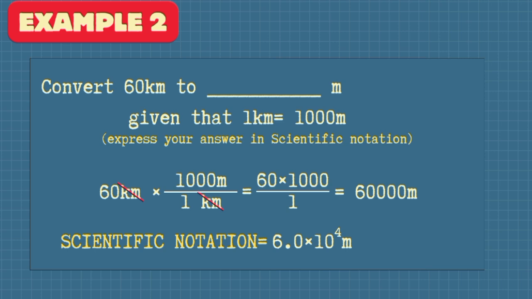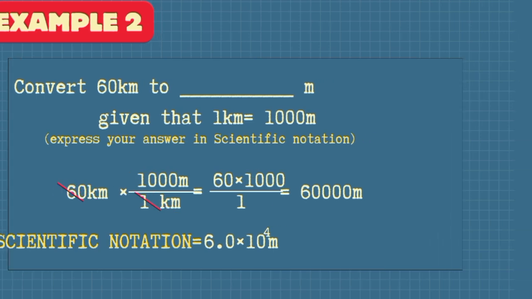So 60 times 1,000 over 1 is equal to 60,000 meters, and the scientific notation of 60,000 meters moves by 4 decimal points. So the scientific notation will be 6.0 times 10 raised to positive 4 meters, which means 60 kilometers is equivalent to 60,000 meters.